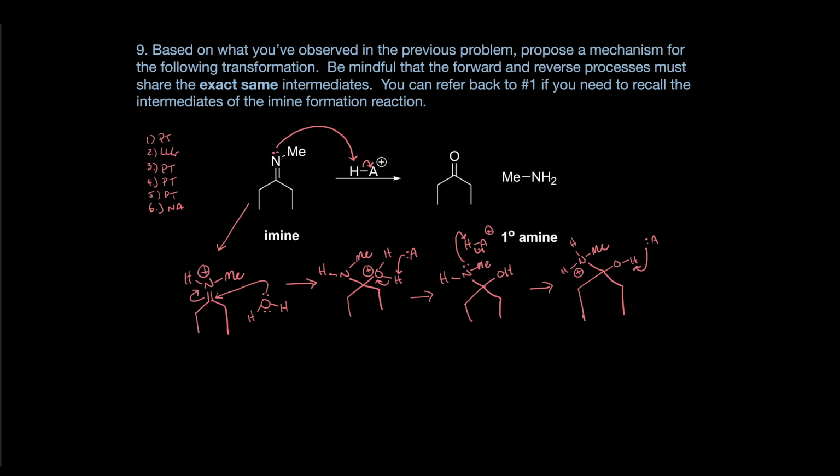Next, the hydroxy group gets deprotonated. And finally, in the last step, the amine group departs, collapsing the tetrahedral intermediate and forming a ketone and primary amine product.